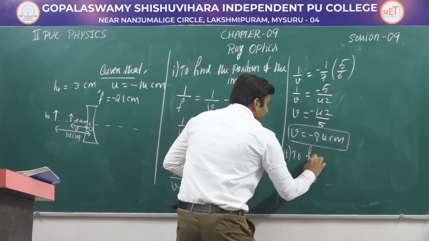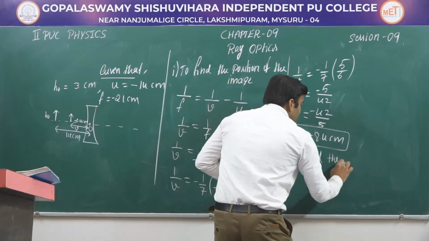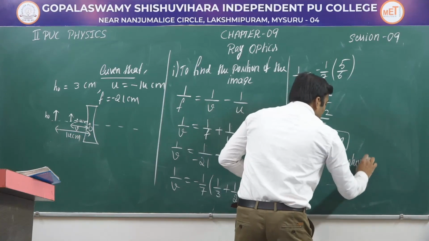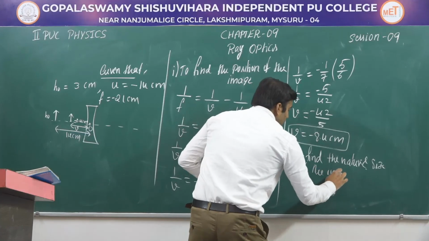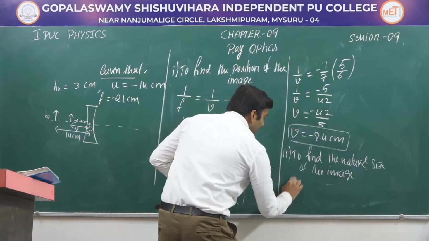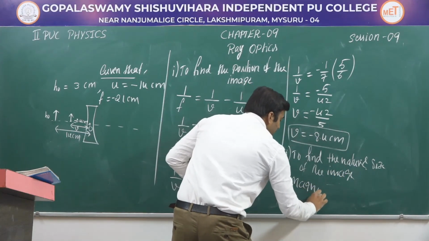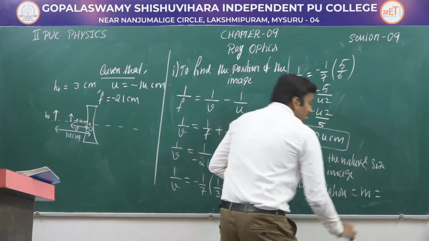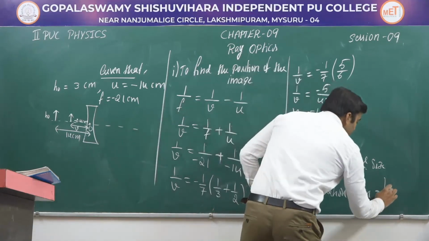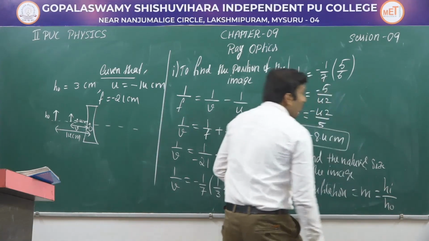Secondly, to find the nature and size of the image. Let's find the magnification M. So the magnification formula is Hi divided by Ho, correct?